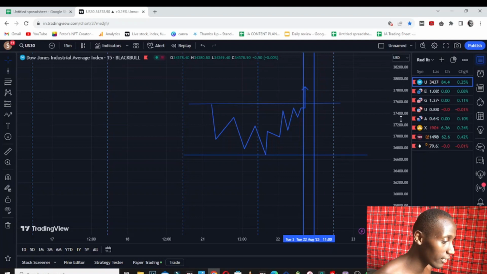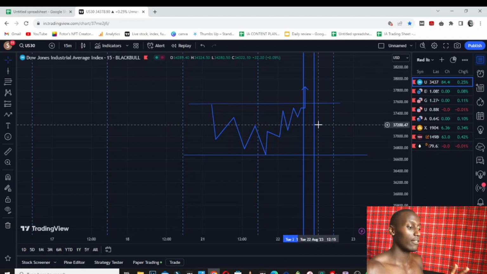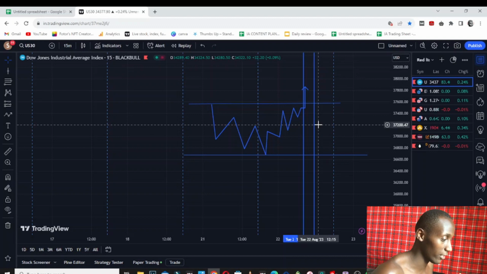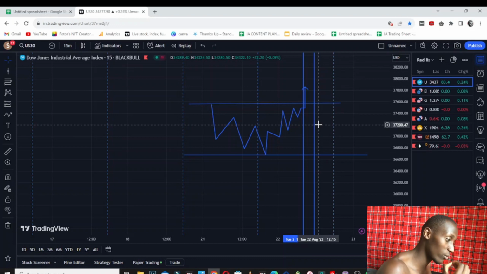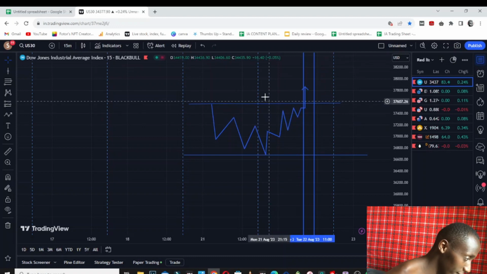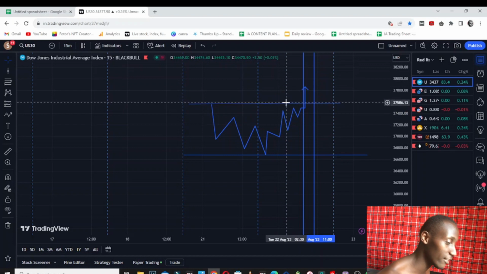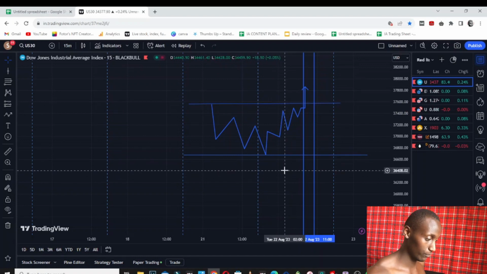So of all the instruments you are looking at, the ones that break out in the New York session are the ones that we focus our energy on. And we are looking for a breakout. A breakout is when a candle closes above the high or below the low.